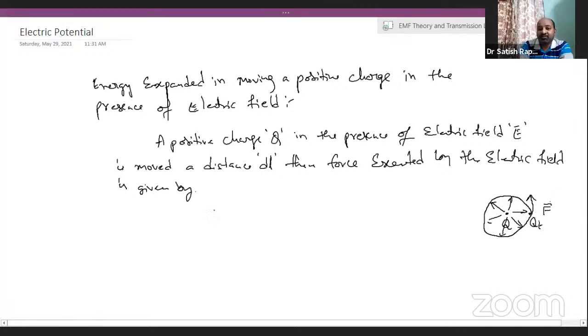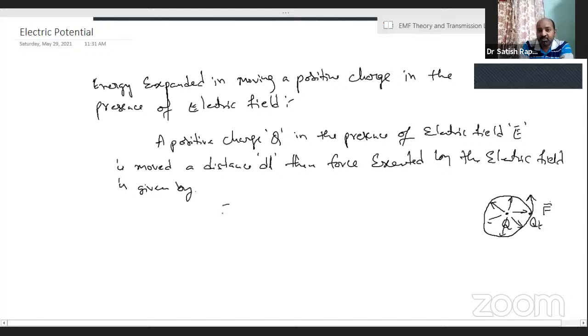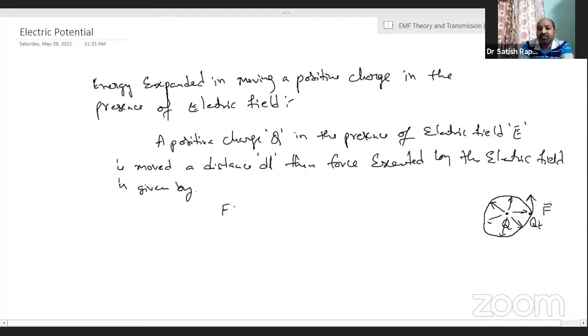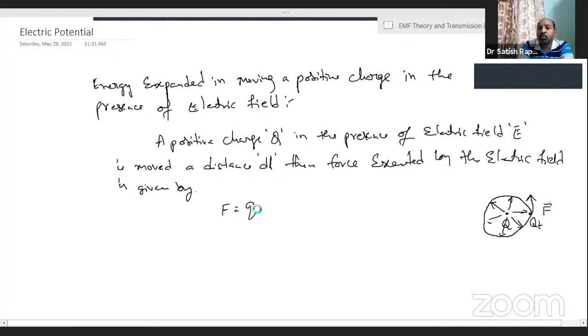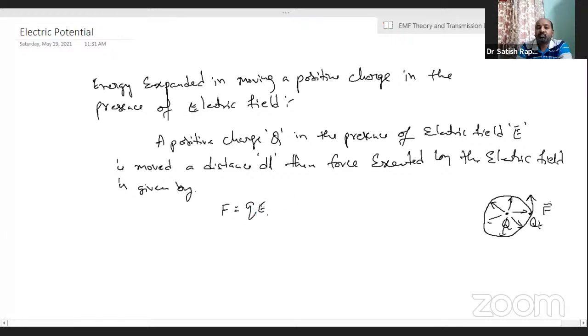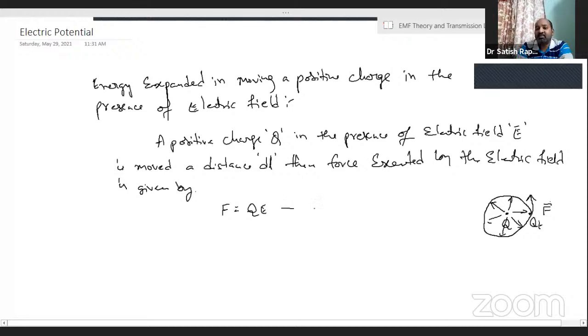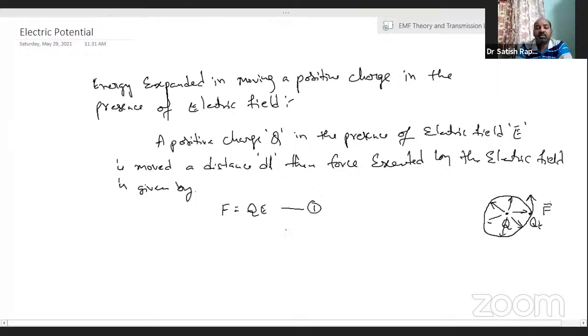And that force is equal to F is equal to QE, right? In other words, let us say F is equal to QE. So this is the force exerted by the electric field.